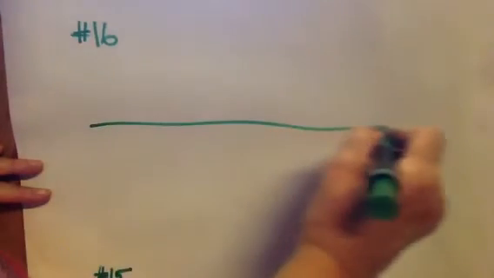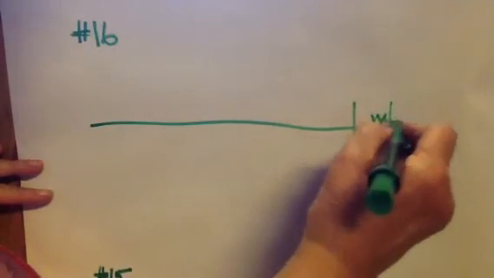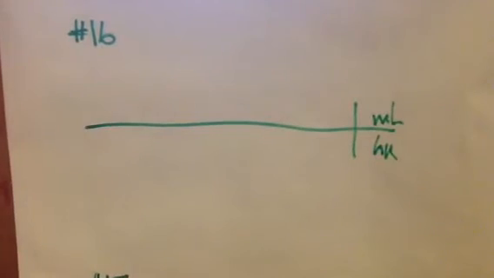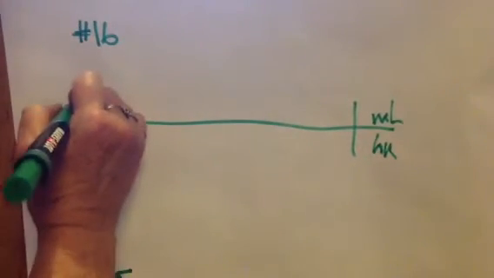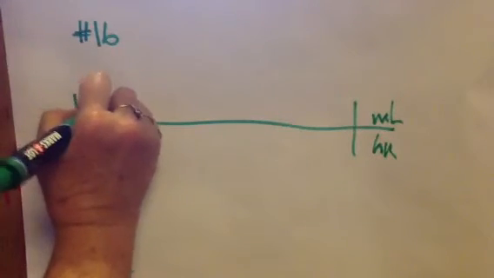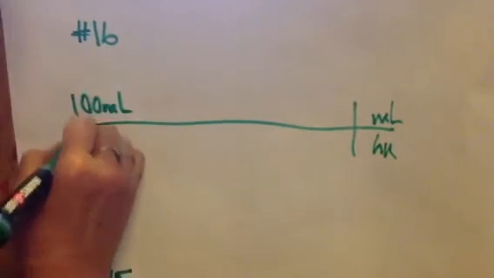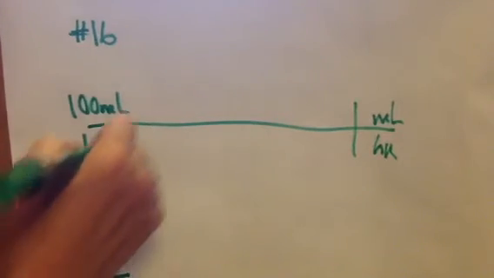Okay, number 16. On this one, we're wanting to know milliliters per hour. So we start with 100 milliliters that has 1 gram in it.